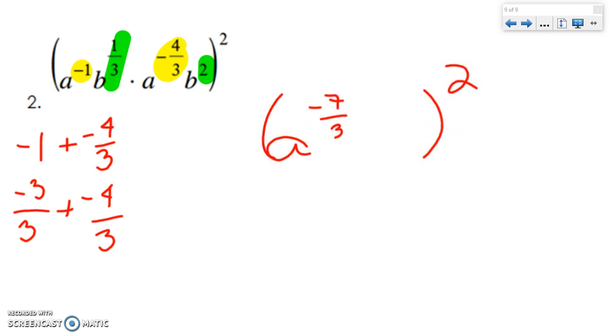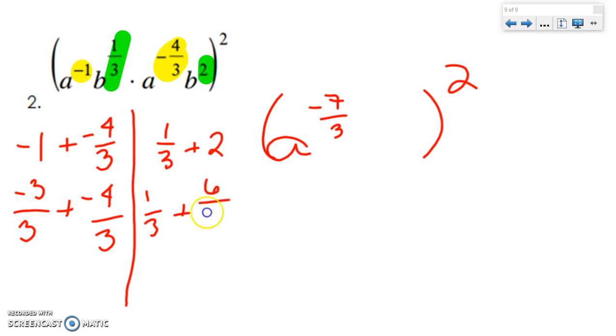Now I've got to figure out b. So I have 1/3 plus 2. So 1/3 plus how many thirds would be 2 whole? So I've got 6/3. So I've got b to the power of 7/3.